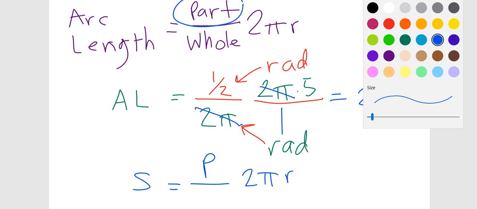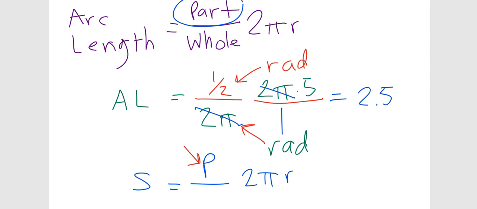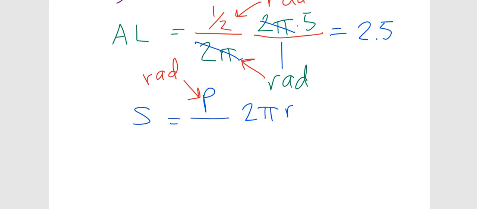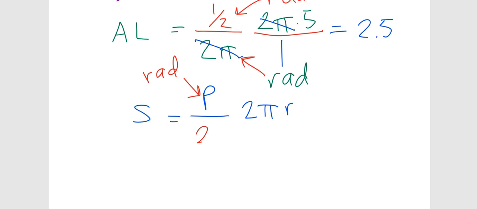Since they told me this was in radians, what would you put in the denominator? 2 pi, right? Because that's the entire circle in the radian language. Does anything cancel out? Oh, nice job.